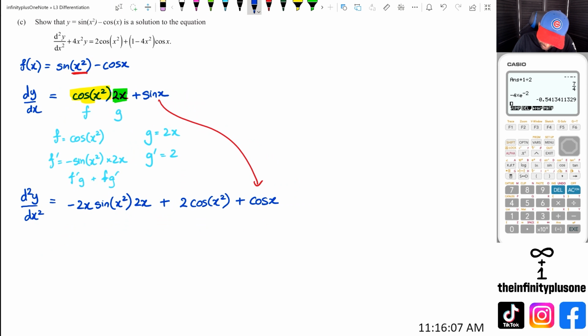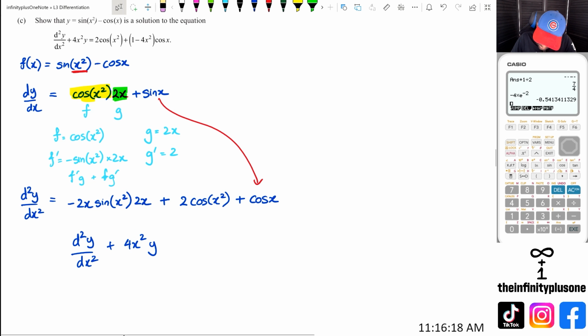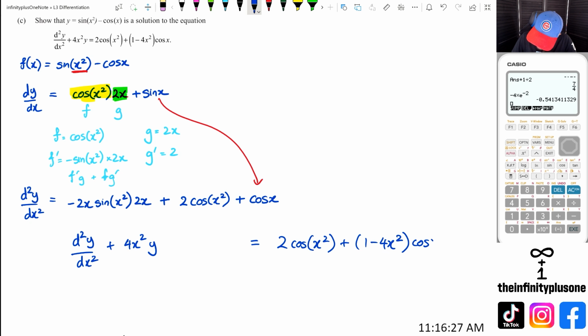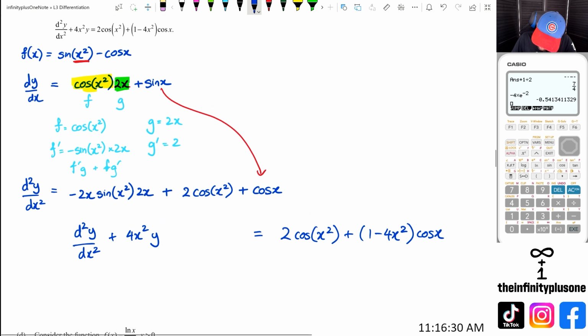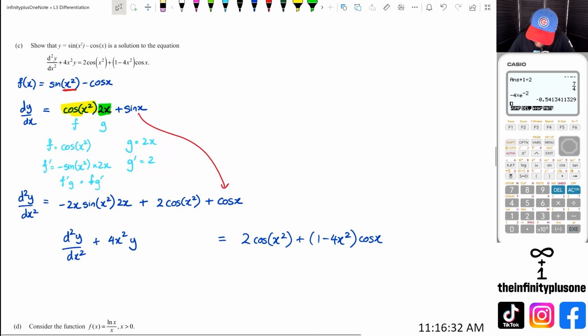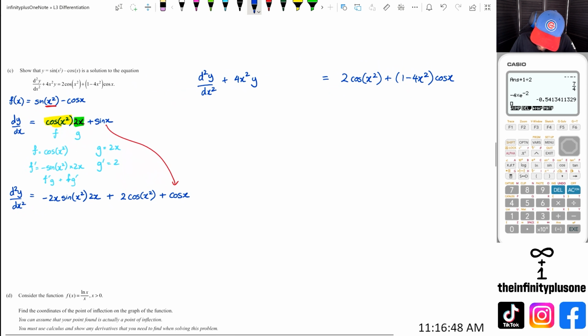So if I was to do that, I've got d squared y over dx squared plus 4x squared y. And up here, this is all equal to 2 cos x squared plus 1 minus 4x squared cos x. So that's what I'm trying to prove. And I think I've just run out of room here, so sorry, just give me a second. So this is the proof. Now d squared y dx squared, I've already got it, which is negative 4x squared sine x squared.